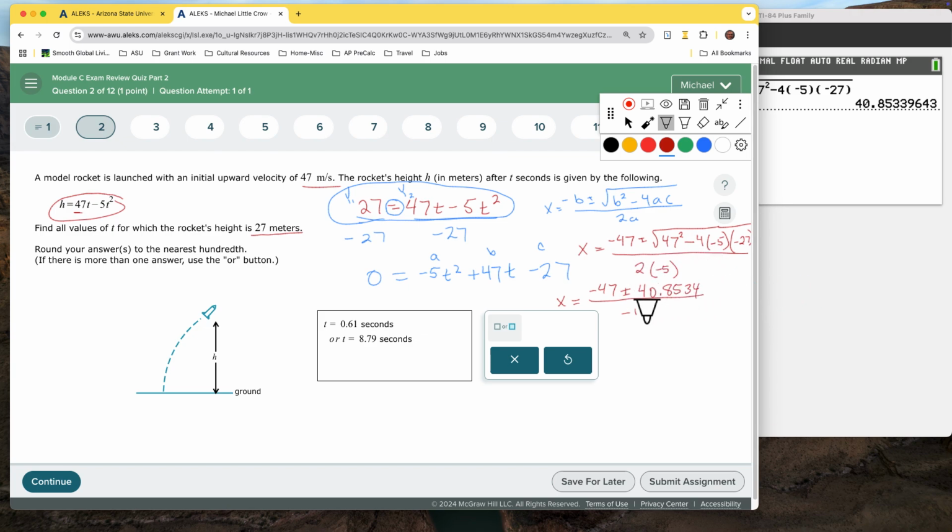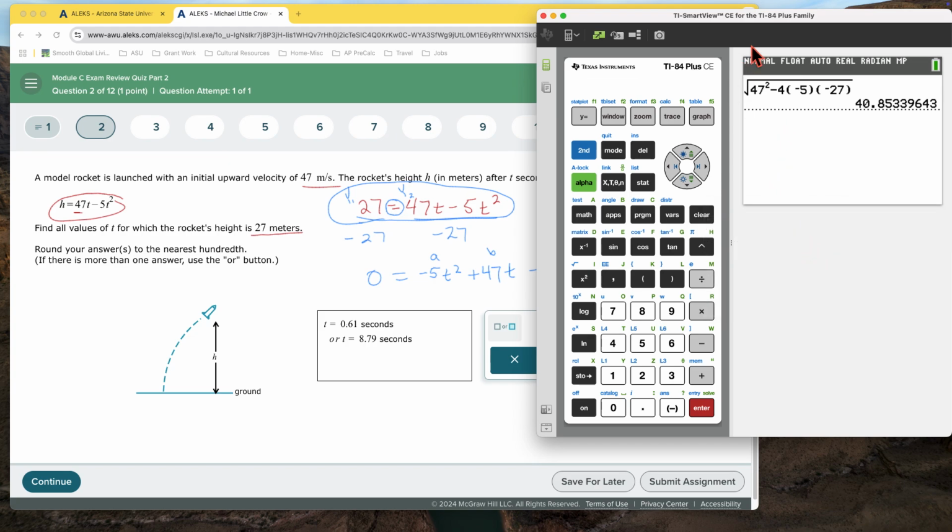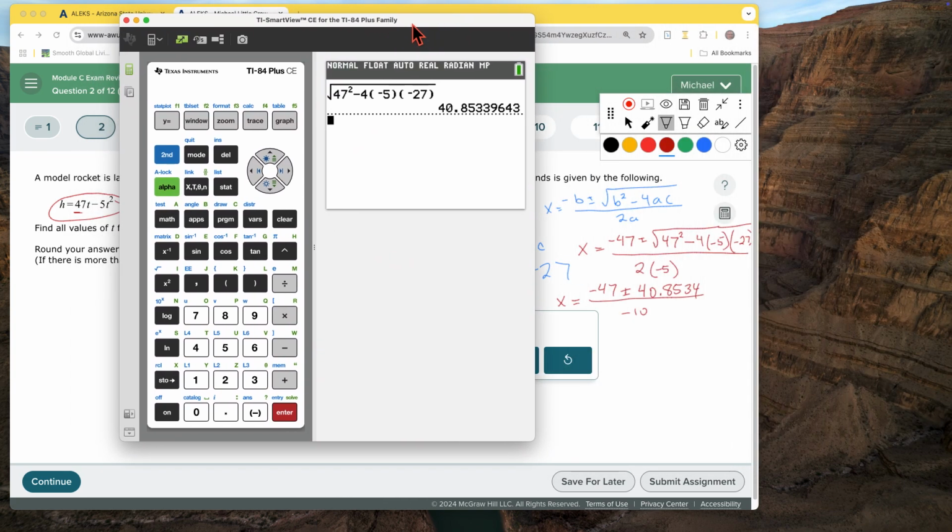Then we're going to add this number and subtract this number. So let's do that. We're going to get negative 47 plus 40.8534.